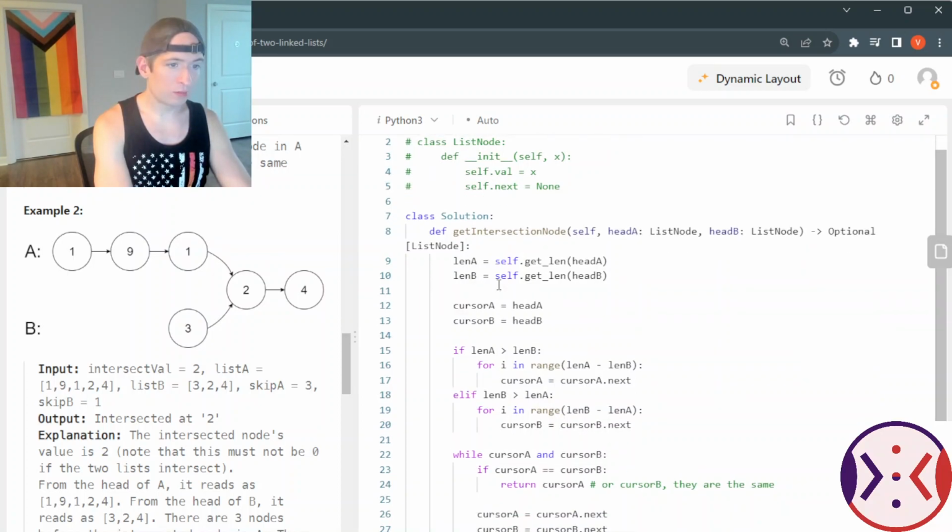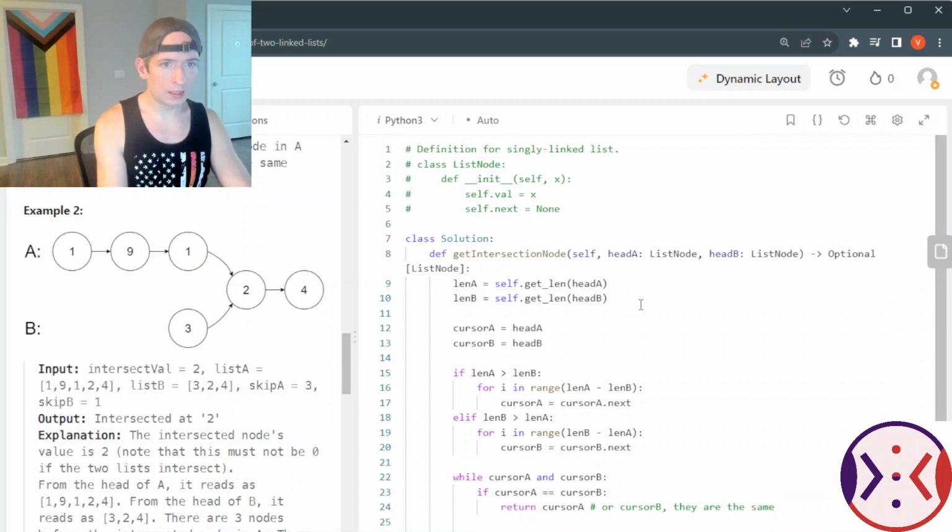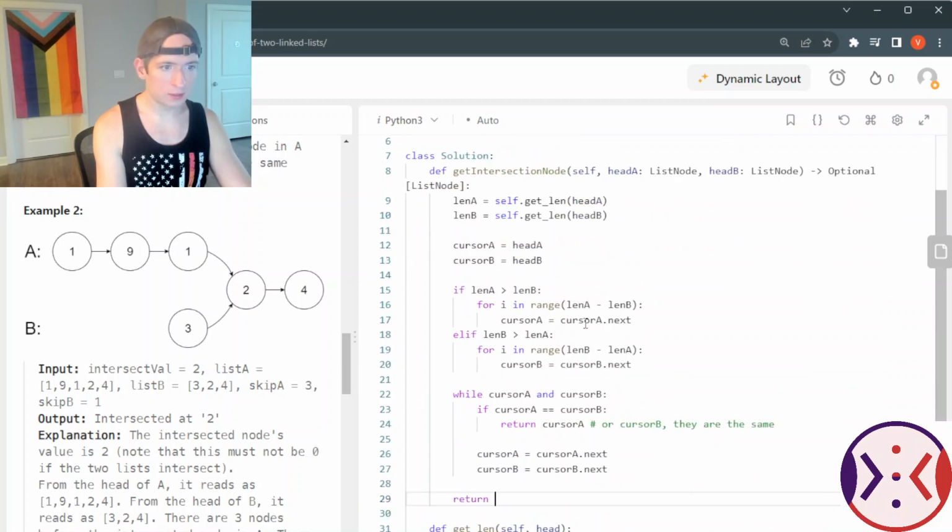And if that condition was never met, then simply return, so it returns an optional, so return none.